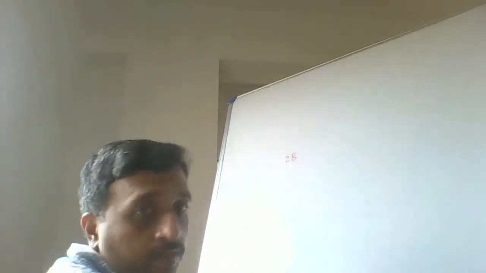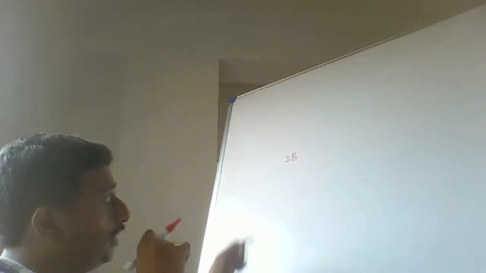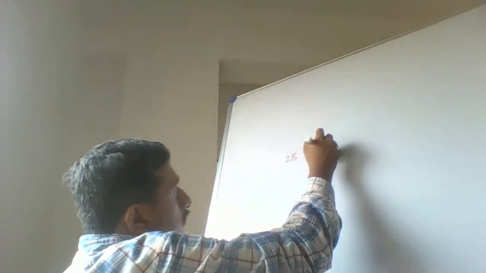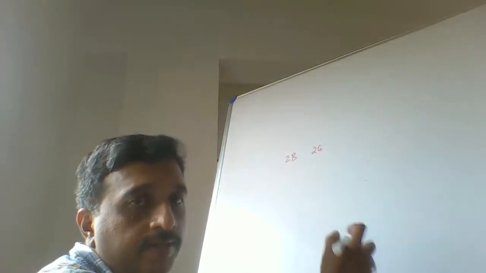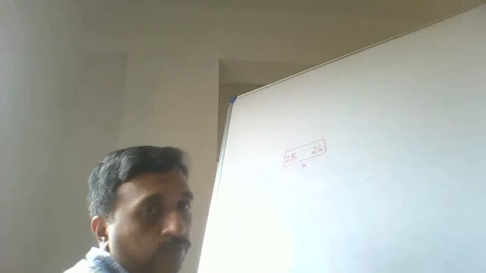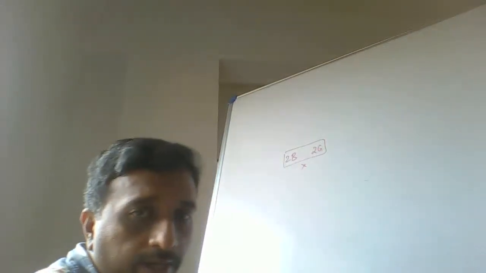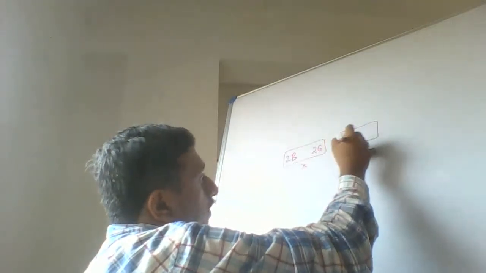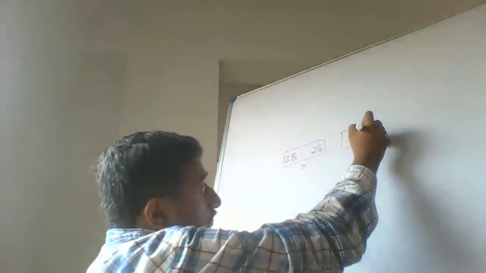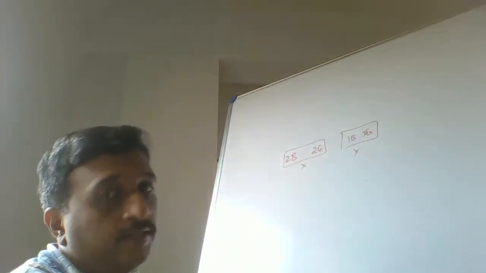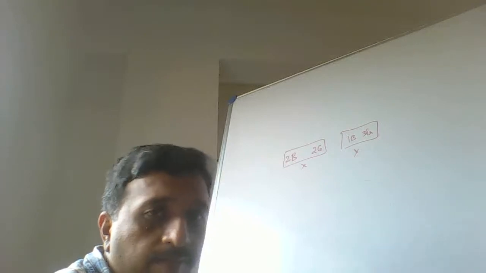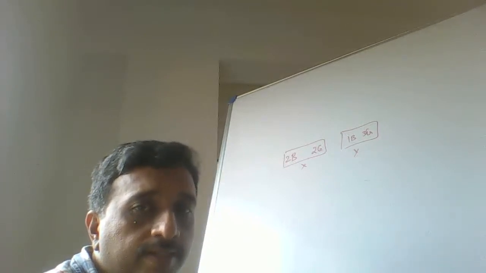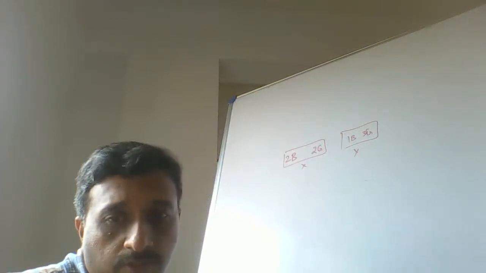Two boys, B represents boy, and two girls, in a certain room, and that is represented as X. The room has been labeled as X, and one boy and three girls in room Y. Specify the sample space for the experiment in which a room is selected and then a person. You're able to understand this problem, right?